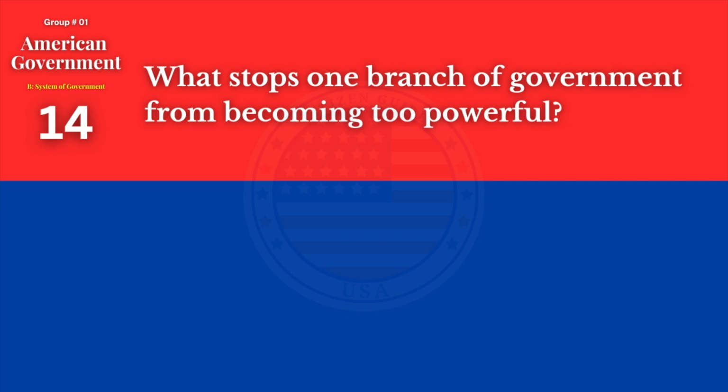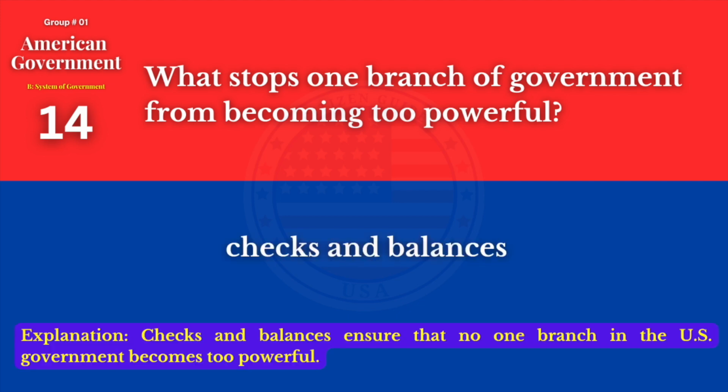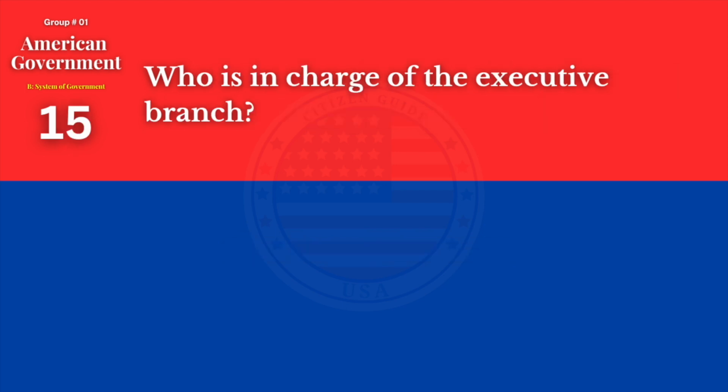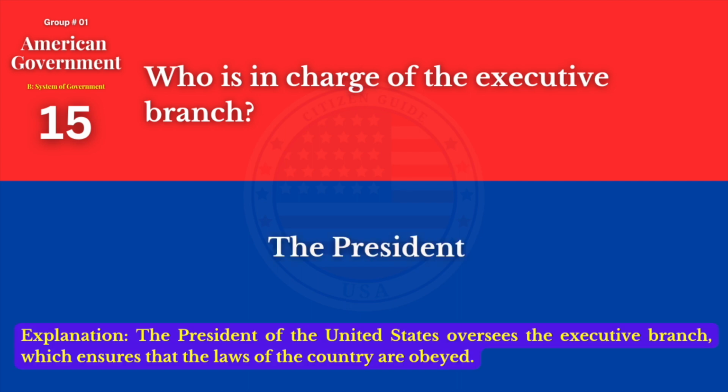What stops one branch of government from becoming too powerful? Checks and balances. Who is in charge of the executive branch? The president.